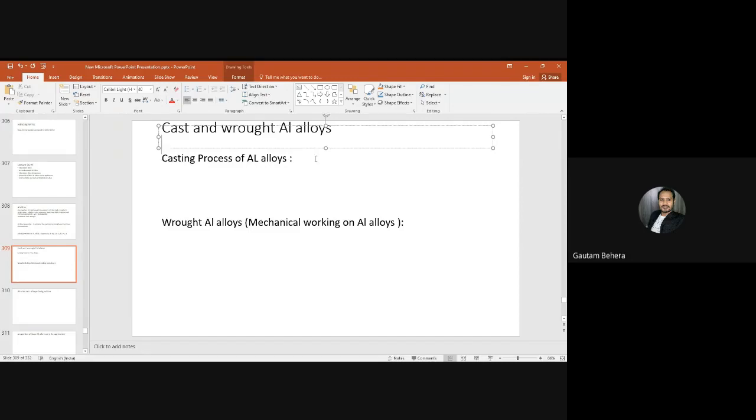The casting process for aluminum alloys is basically die casting. Die casting means you can do either pressure die casting, applying pressure, or gravity die casting.